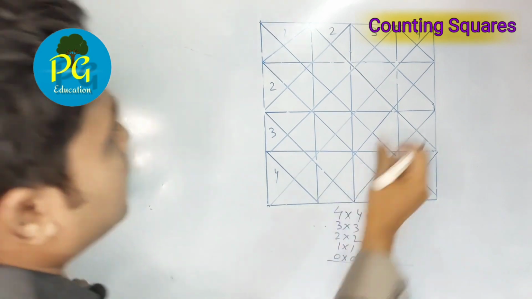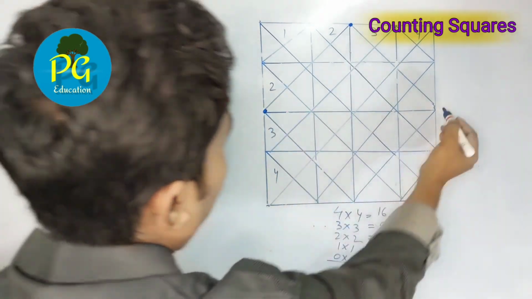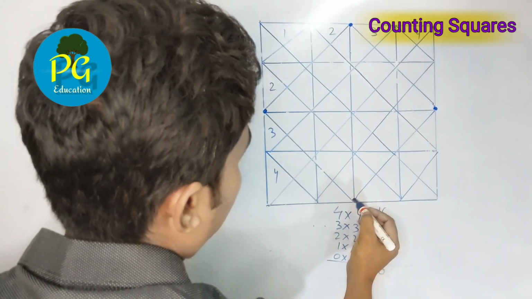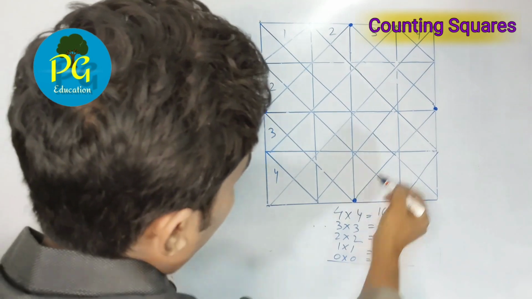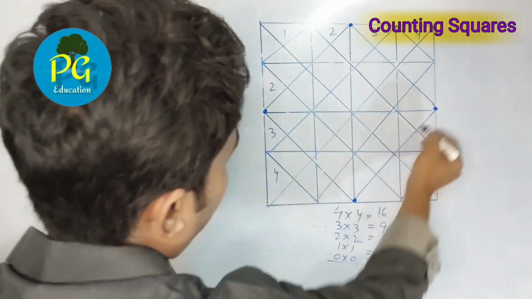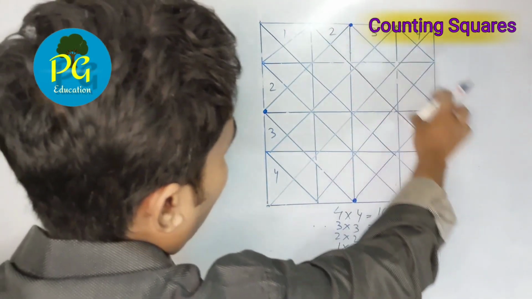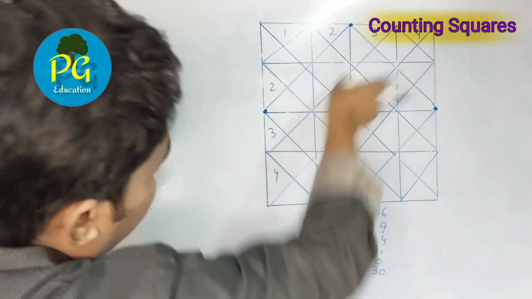Okay. If you take these 4 points, this is another square, isn't it? This is another square of 4 rows and 4 columns.